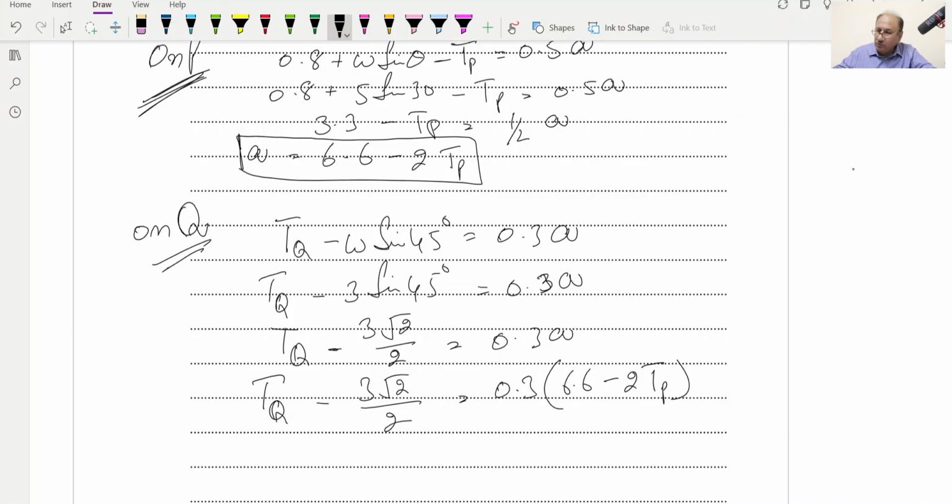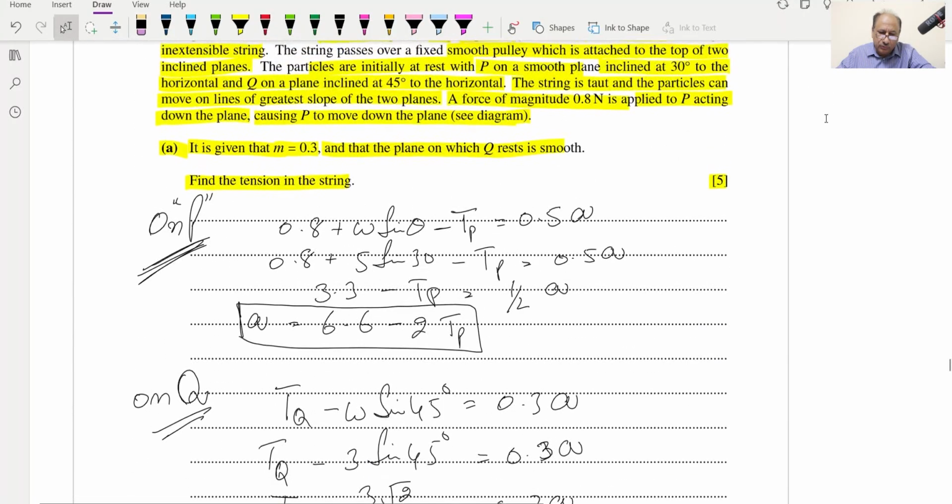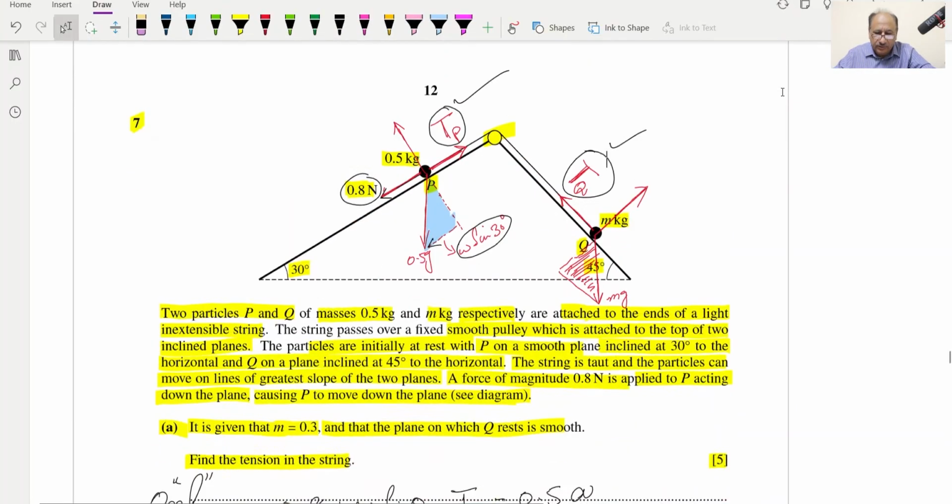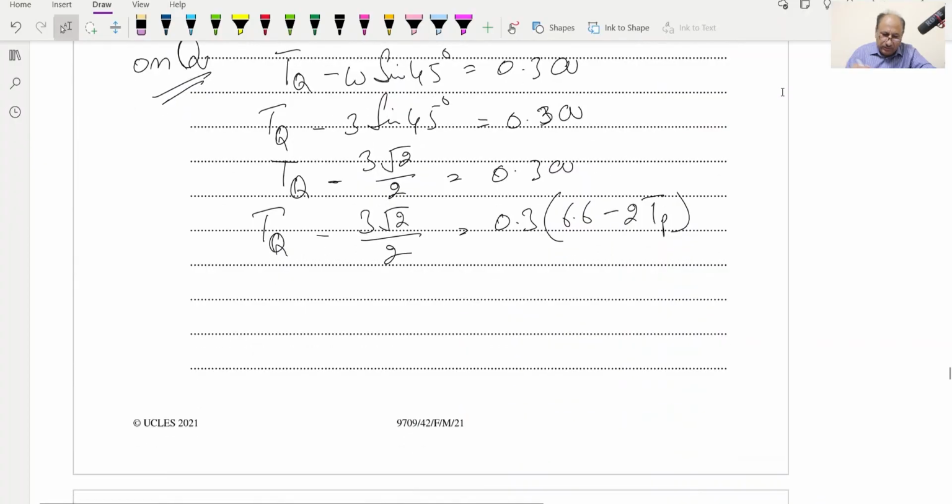And as we know that the tension in both strings will be the same, so we can write TQ is equal to TP, and that is equal to T. I have distinguished these two for your explanation.